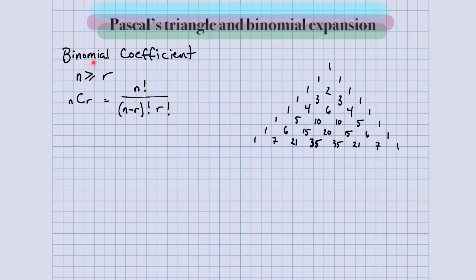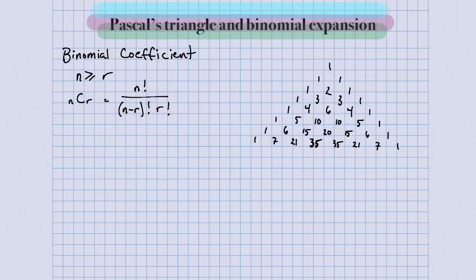Okay, so what we have here is n has to be greater than or equal to r. And the way we say this is we call this n choose r. N choose r. And then we have, of course, n factorial divided by n minus r factorial times r factorial.